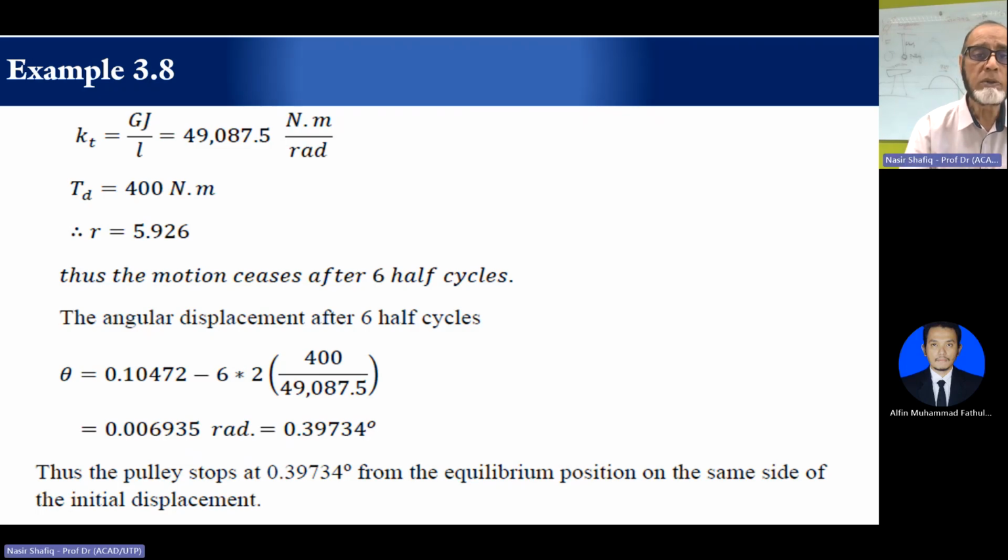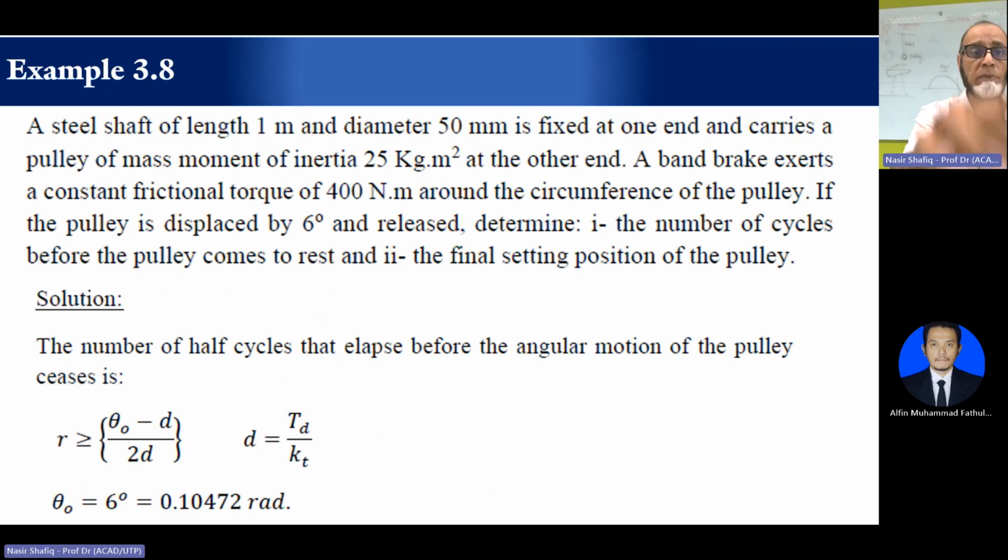Okay. So J, for a circular shaft, and the length L is 1 meter.